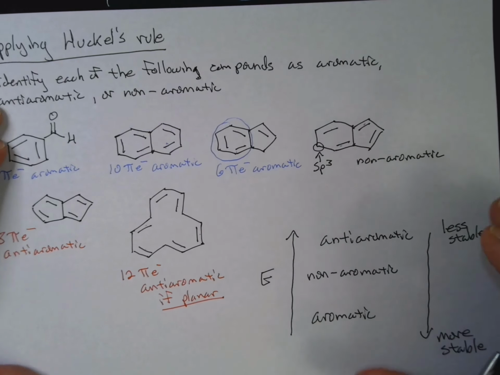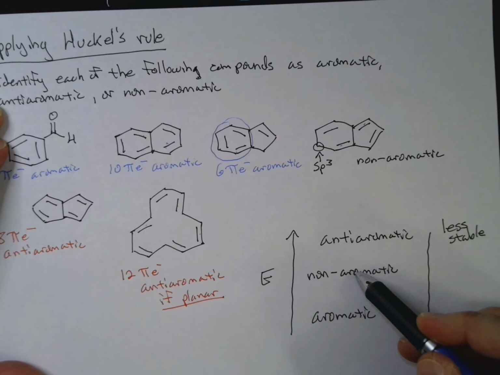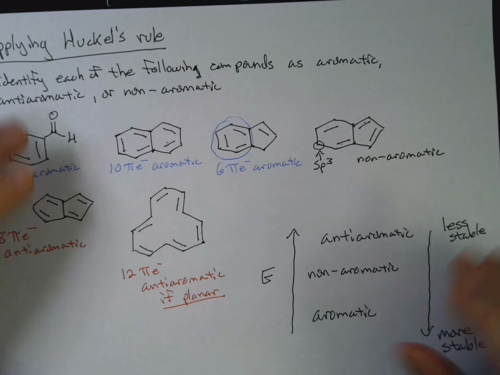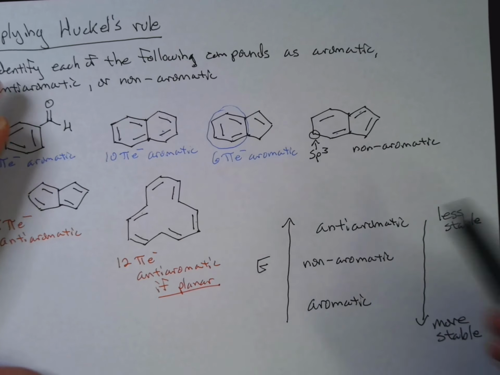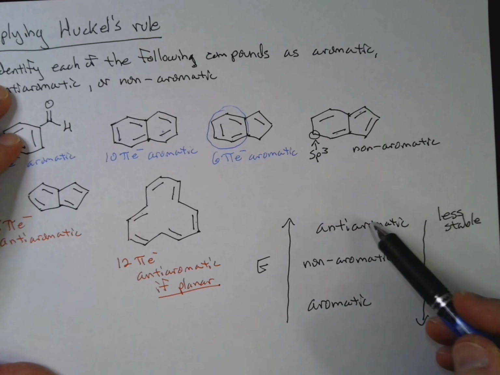So if you're faced with a choice between anti-aromatic and non-aromatic, it will be non-aromatic. The only way you'll get something to be anti-aromatic is if you force it to be. If it can only be planar and it has to have the p orbitals, then it'll be anti-aromatic.